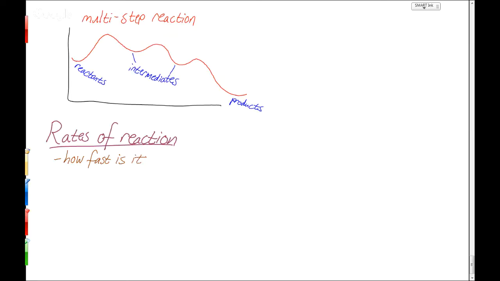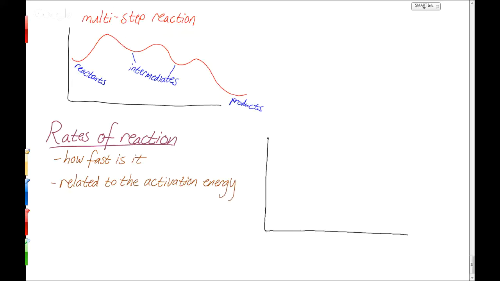The rate is related to the activation energy. And that makes it a little bit confusing sometimes. But let's look at two different exothermic reactions that have the same starting and ending point.